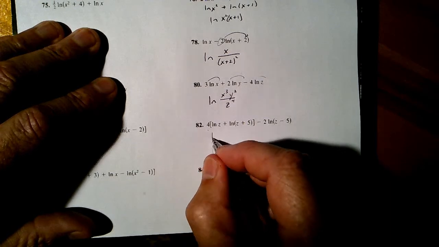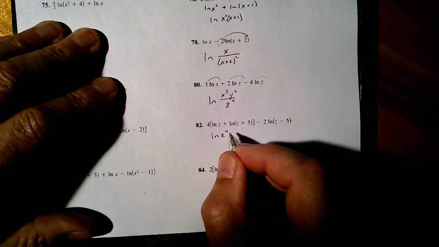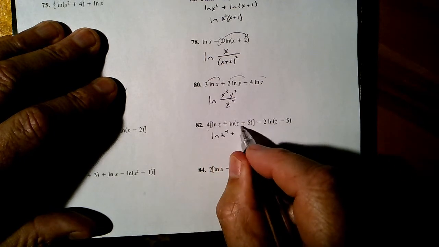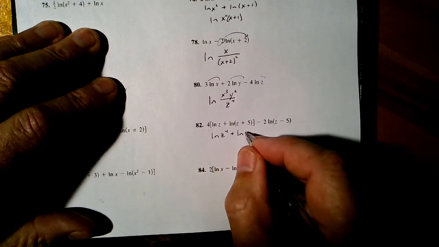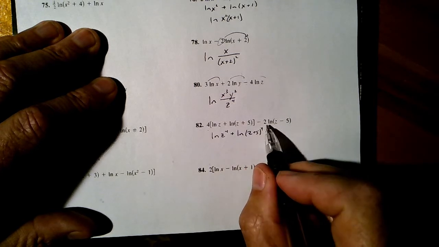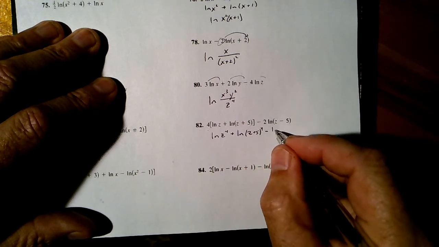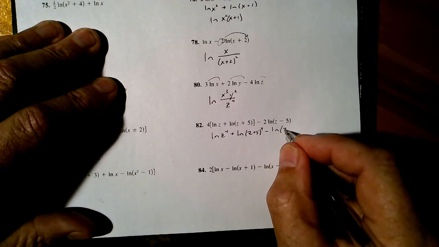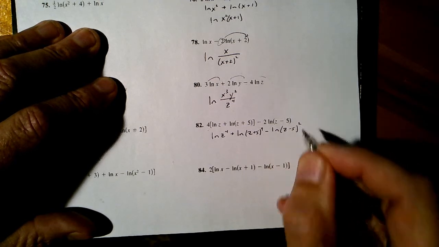4 ln z is ln z to the 4th, plus 4 ln z plus 5 is ln z plus 5 to the 4th, minus 2 ln z is minus ln z minus 5 squared.